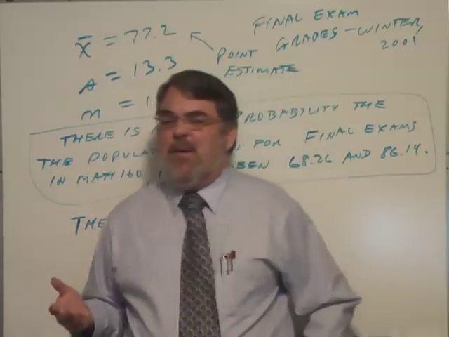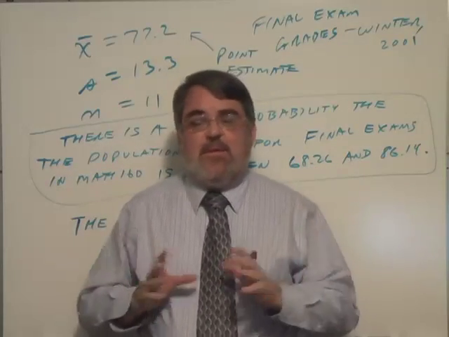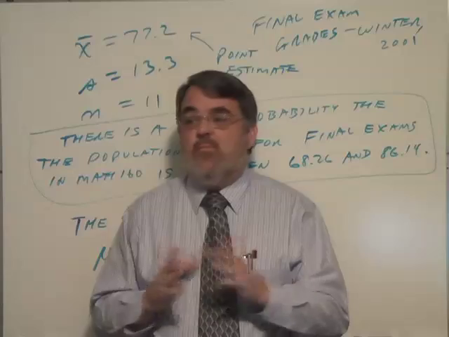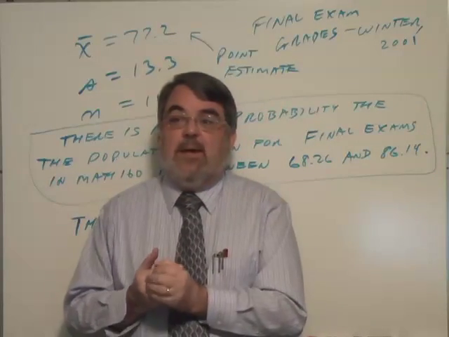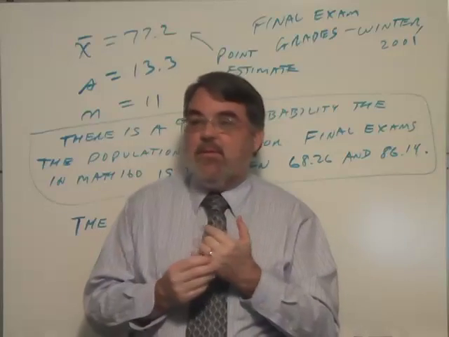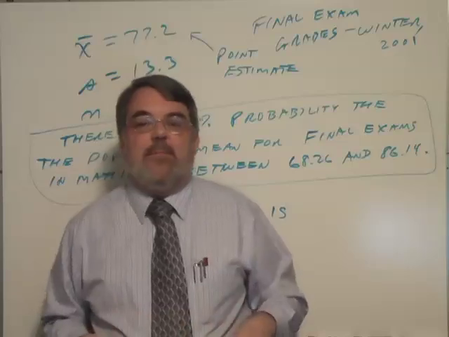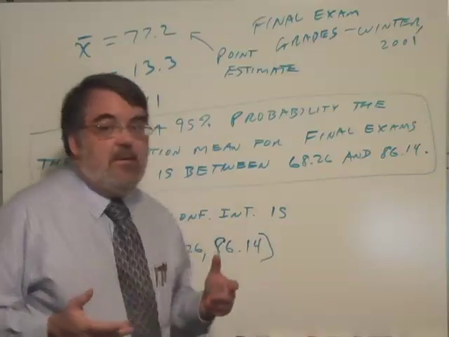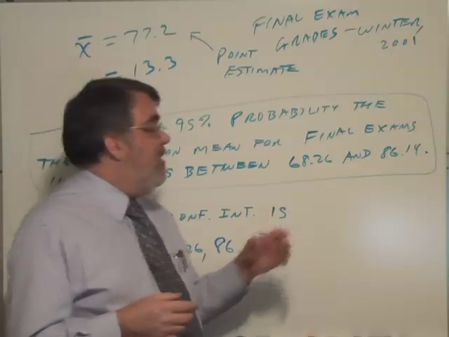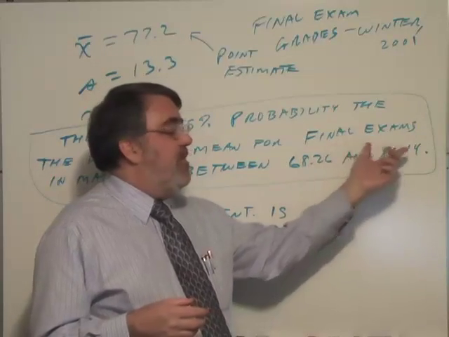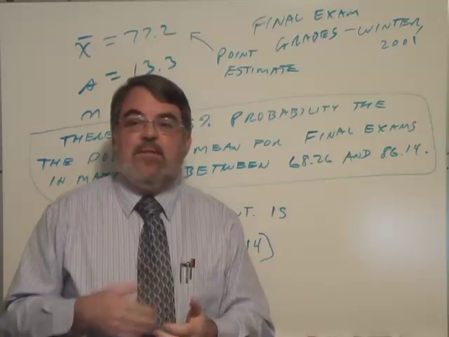If this is a typical Math 160 course, what would they score normally as far as the population mean? So we're trying to estimate the population mean from this one sample. And we say, well, we're 95% sure that the population mean is going to range between 68.26 and 86.14. All right, so that's an estimation.